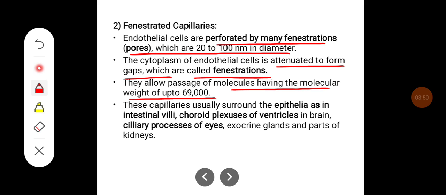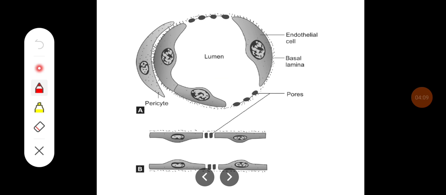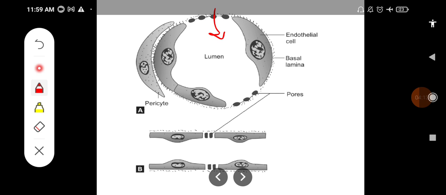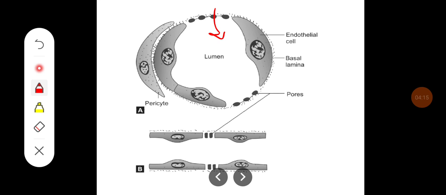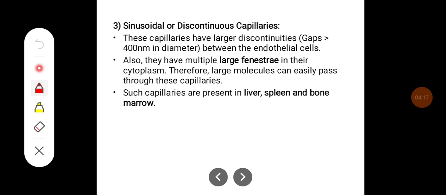These capillaries usually surround the epithelia, as in the case of intestinal villi, choroid plexus of the ventricles in the brain, ciliary process of the eyes, exocrine glands and parts of kidneys. So these are fenestrated capillaries. You can see the definite gap between the two endothelial cells in fenestrated capillaries.